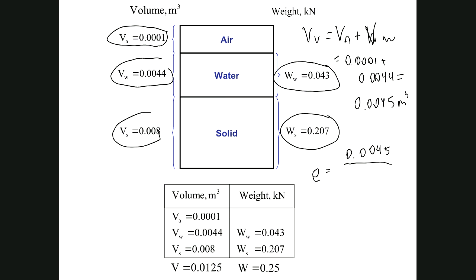And volume of solids is going to be 0.008. And that gives us, let me check my notes, the void ratio. It will be 0.5625. Okay, very good. Somebody is very good at calculating things.